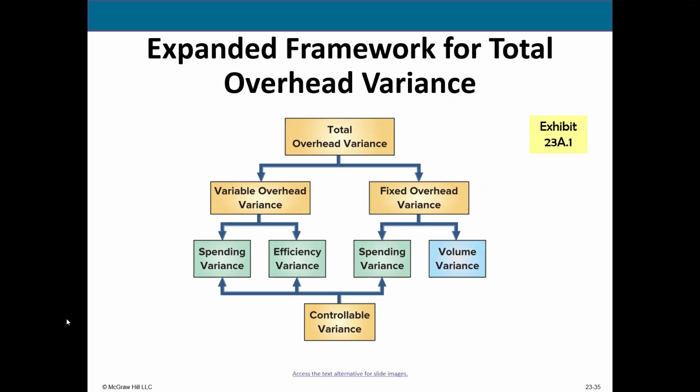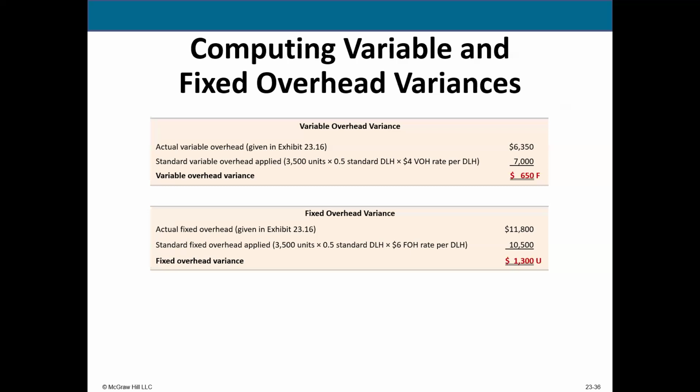We can calculate those by taking the actual results minus the budgeted amounts to get our respective variances for both variable and fixed overhead. This is what we see here.